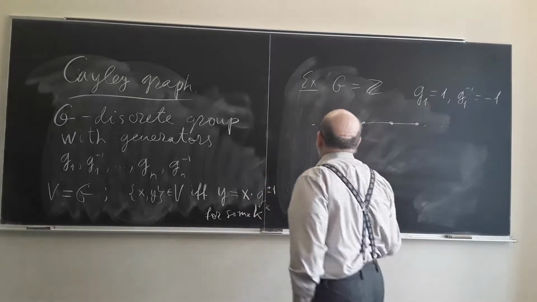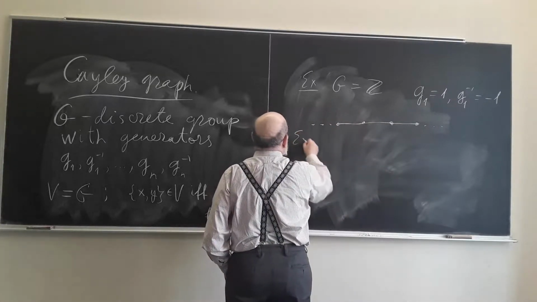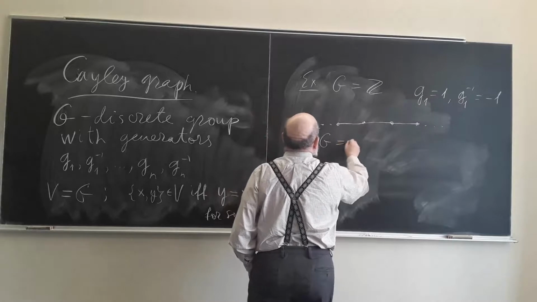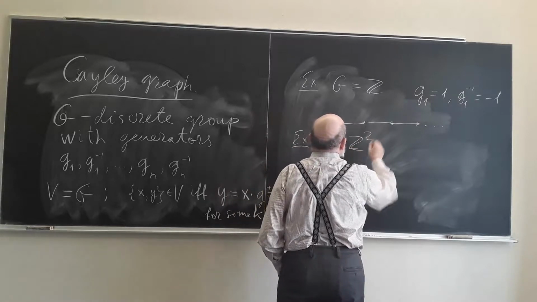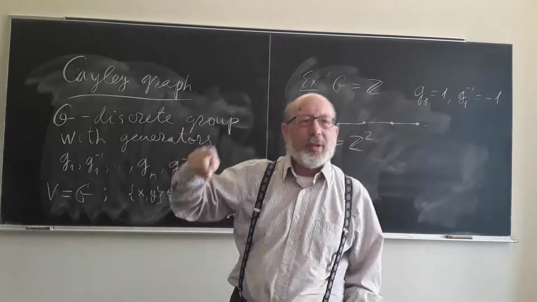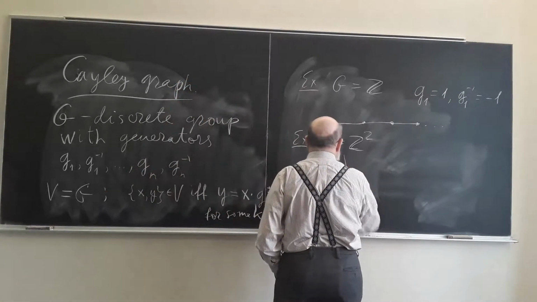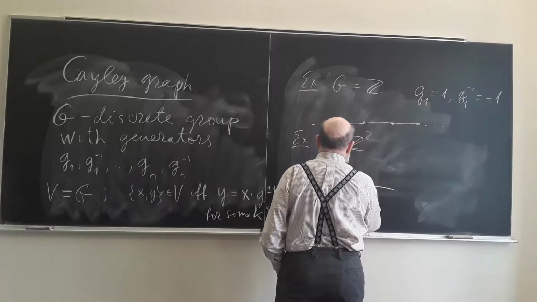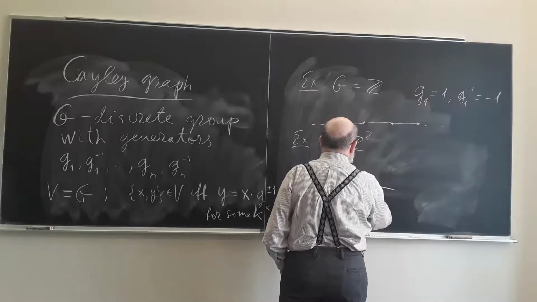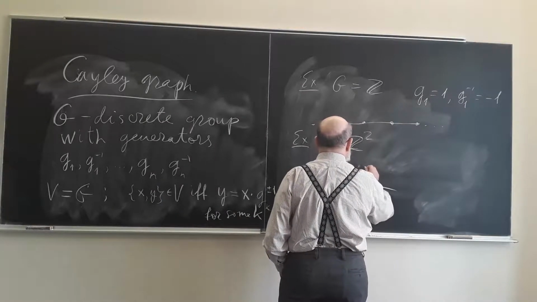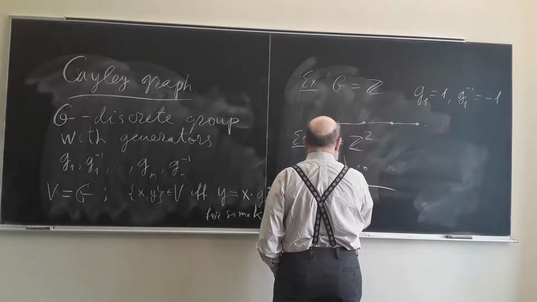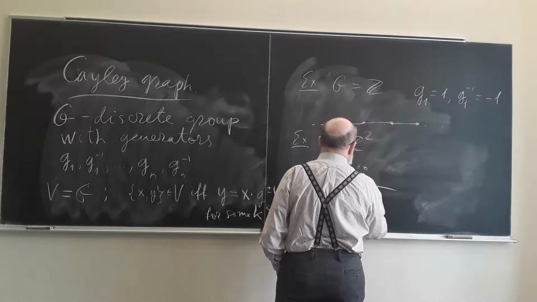Now, similarly, G equals Z2, just the lattice, the set of pairs. So the points are integer points in the plane, points with integer coordinates, and so on.